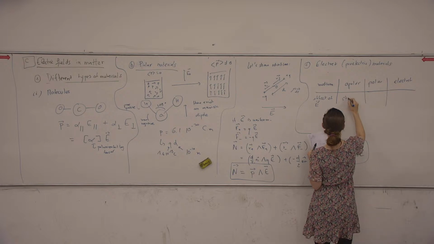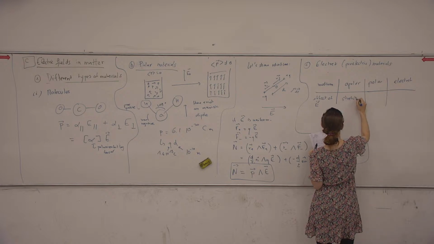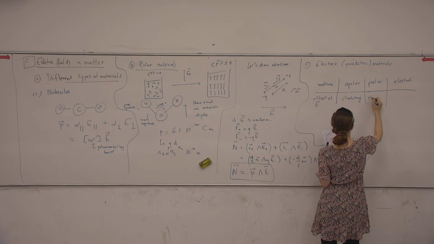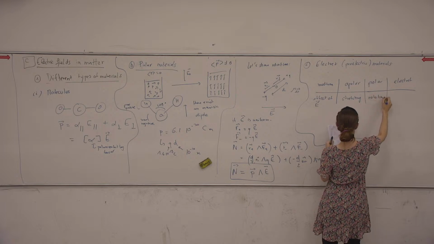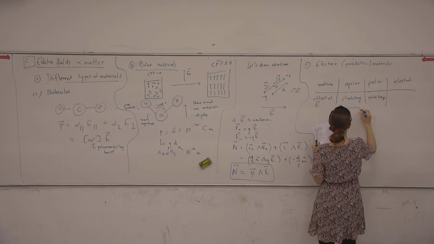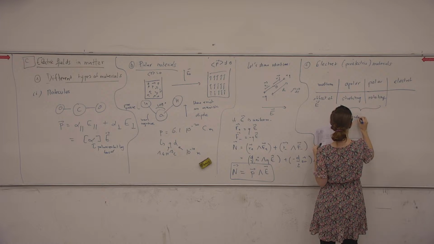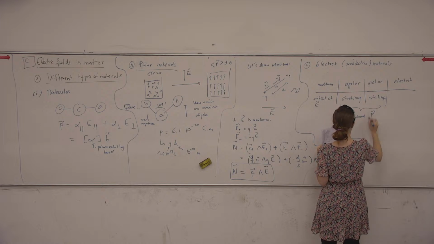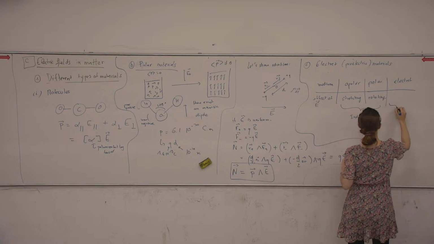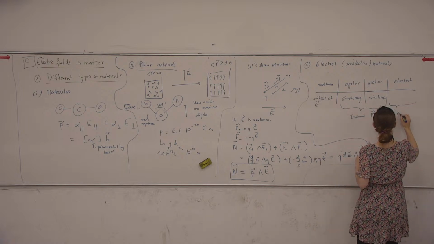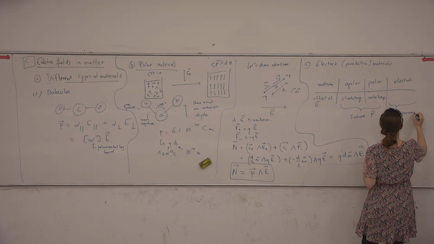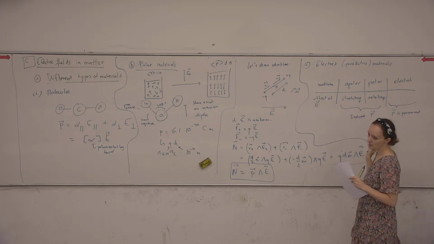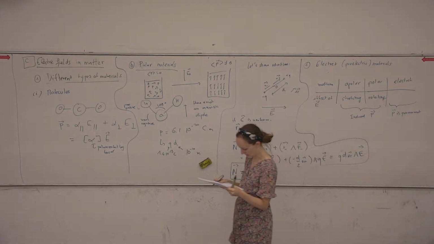Here the effect is stretching. Here, rotating. So here I have an induced P, and here, P is permanent. So this summarizes all the properties that we talked about.